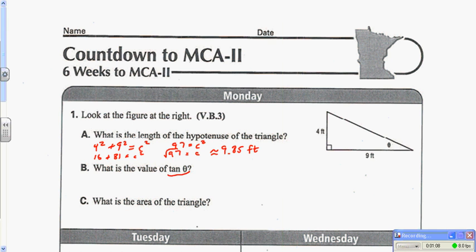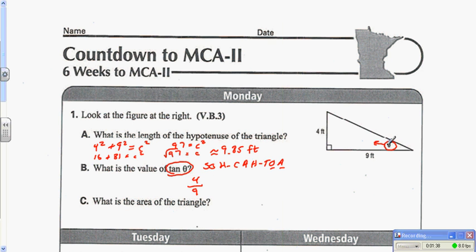What is the value of tangent? Now this comes from SOHCAHTOA. Sine is SOH, cosine is CAH, and TOA is for tangent. TOA means opposite over adjacent. So if we're looking from theta, which is this theta here, tangent of that would give you opposite, which would be side 4, over adjacent, which is side 9.